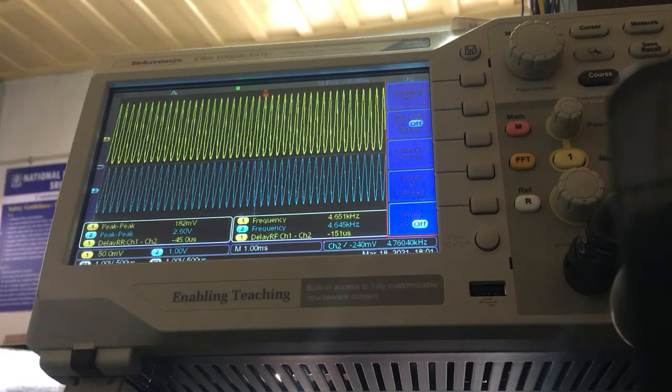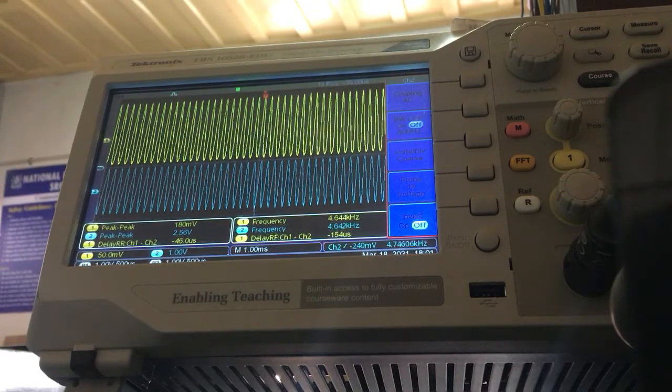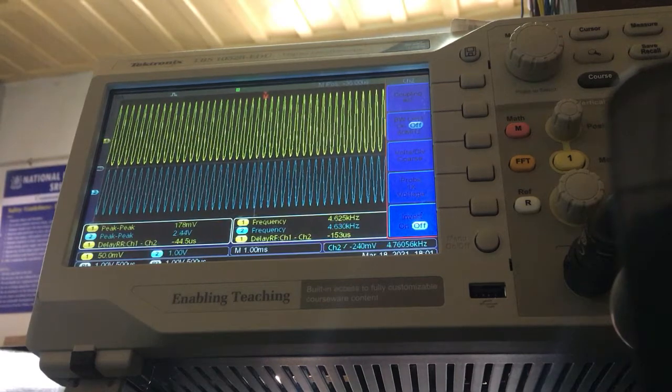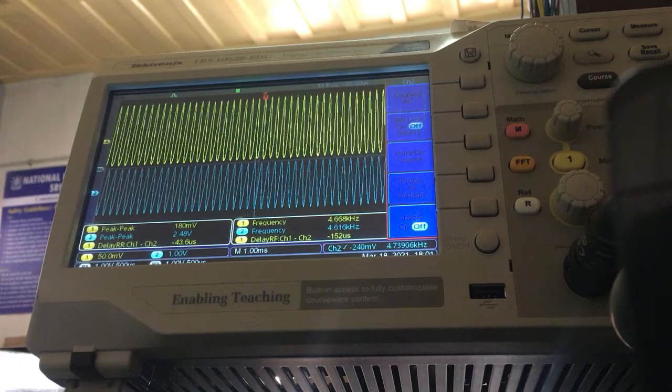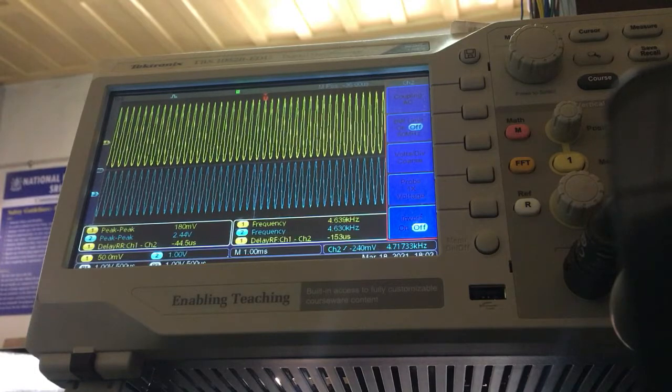If we look closely at the received signal waveform at the top, below in blue is the transmitted signal, and if we now increase the transmitted message frequency, right now it is at the highest frequency, which is I think 4.5 kilohertz.